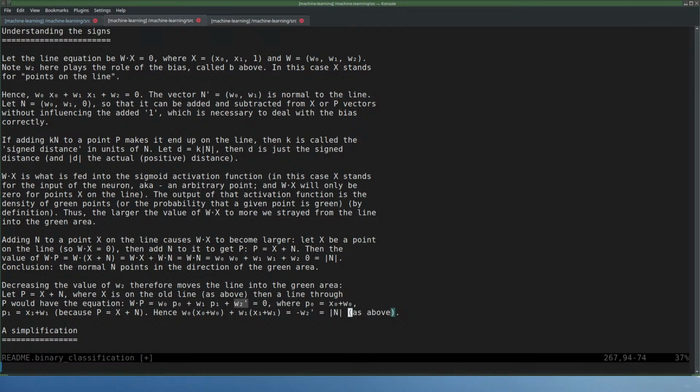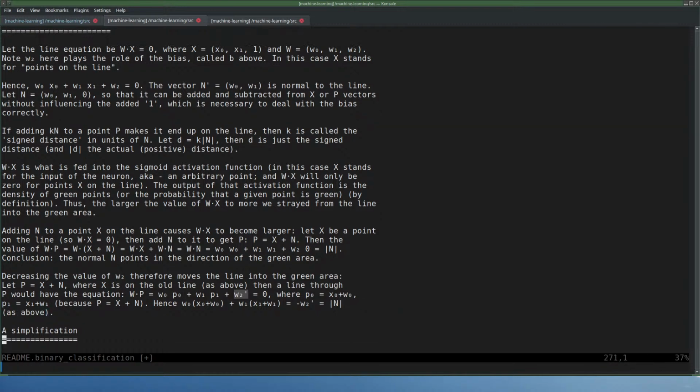Not working that out. I'm getting wider and wider. Guess I can do this. Right, therefore this is positive, so that must be negative.